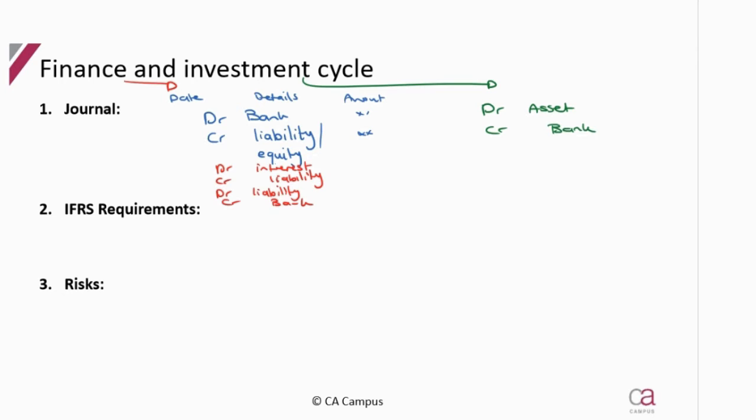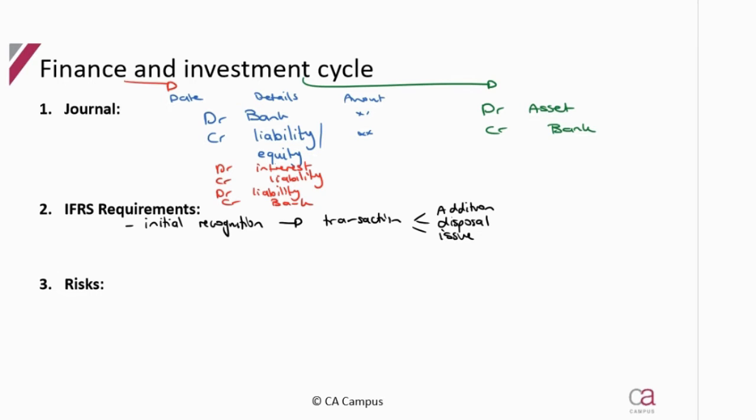But ultimately what you will have is an initial recognition in terms of the transaction, which would be the purchase, or let's say the addition in terms of your investment, or the disposal in terms of your investments, or the issue of shares, or the addition to your loan, or the repayment of your loan.